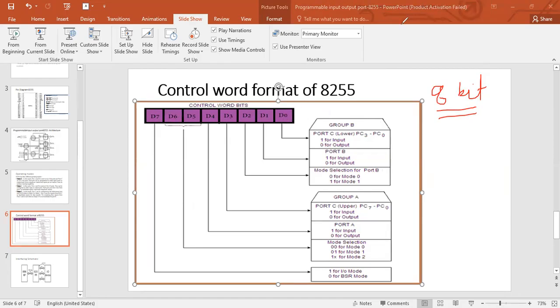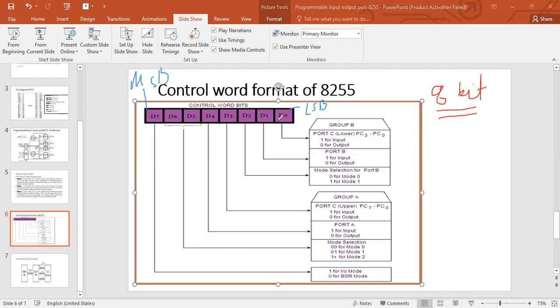You can see easily there is D0 to D7. D0 is the least significant bit and D7 is the most significant bit. This is the MSB and this is the LSB. Now, what is the meaning of each bit? D0, D1, D2, D3, D4, D5, D6 and D7.